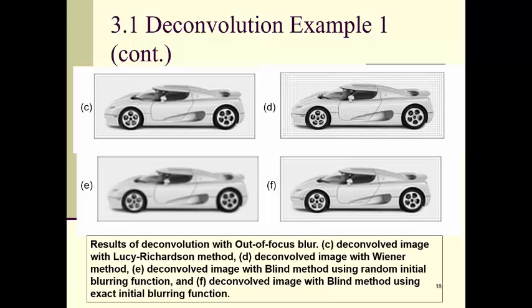And in this case, I will use the same h that was used to degrade the original image. So in this case I'm assuming that it is not a black box, and I want to see what the performance of this blind deconvolution will be if the h is known. So here the h is unknown and here the h is known.